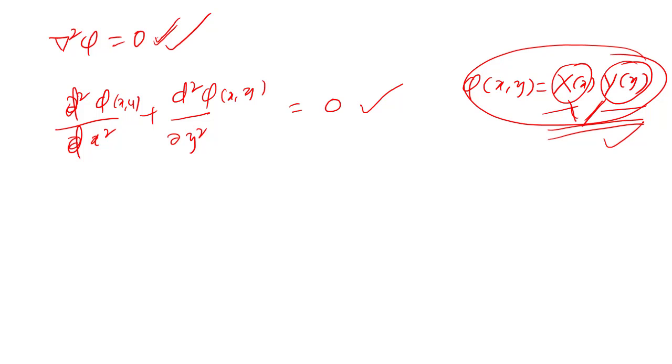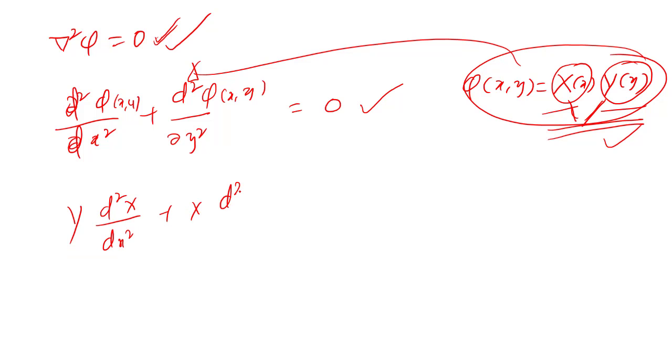So now if I plug this into this equation, what I would get is Y times d square X by dx squared plus X times d square Y by dy squared is equal to 0. Now you divide this entire thing by XY, or phi itself.